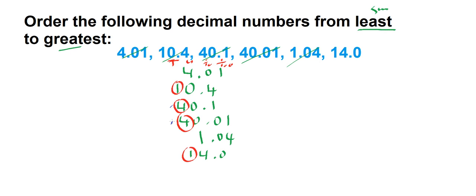We get to the decimal points in both, and then we go to the next place value, the tenths. Here there's a 1, but here there's a 0. So for sure, the largest is going to be 40.1. That's out, and we also now know that 40.01 is the second largest.